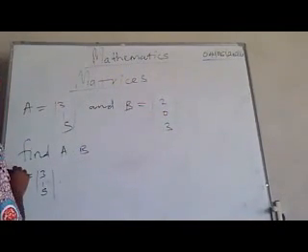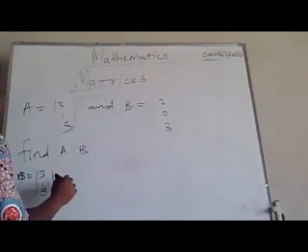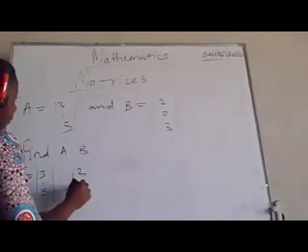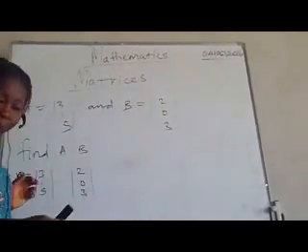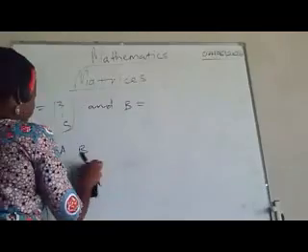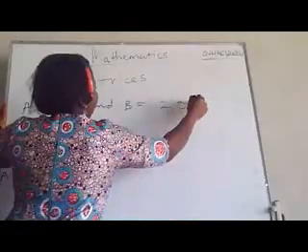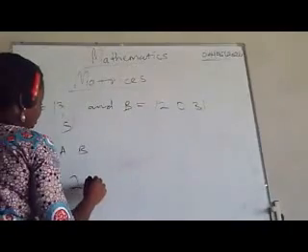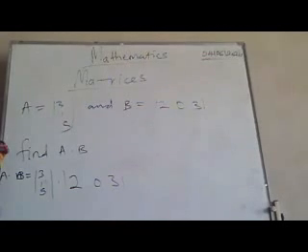So A dot B equal to 315 times 203. Sorry, let me change this to only one row. Not one column, one row. 203. So we want to multiply this.